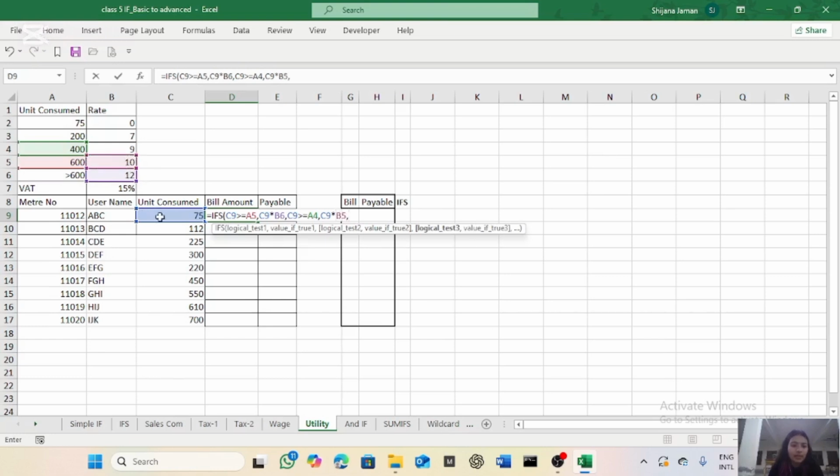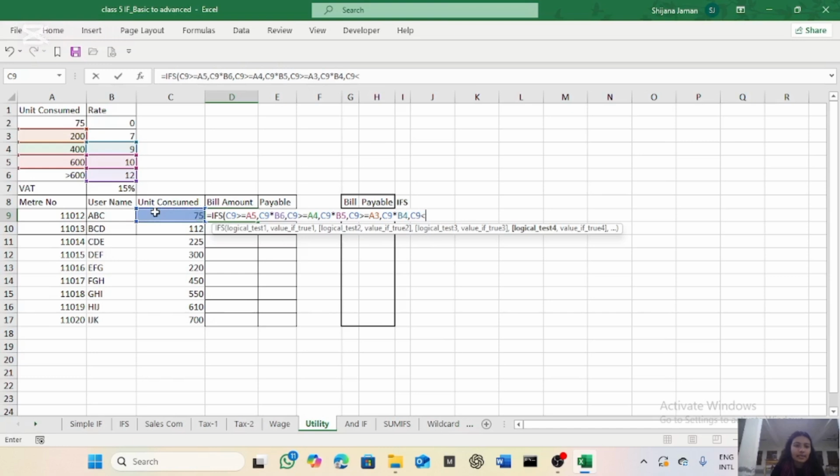If our unit consumed 75 is greater than equal 200, we will pay 9% on it.